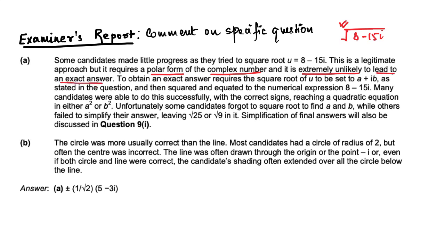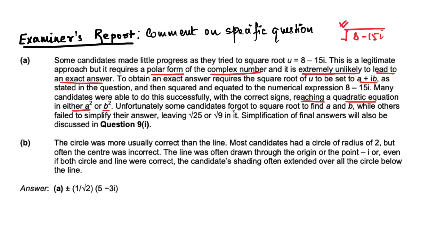So the best method is to start with this: to obtain an exact answer requires the square root of u to be set up as a plus ib. So as we started, comparing, the square of this would be equal to 8 minus 59i. Now the thing is, reaching a quadratic equation in either a squared or b squared, you can eliminate either variable.